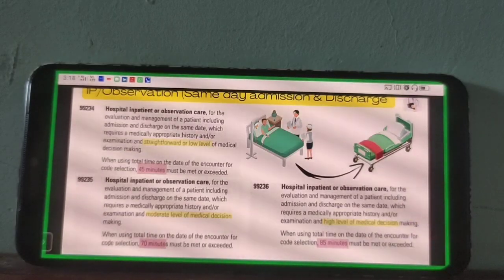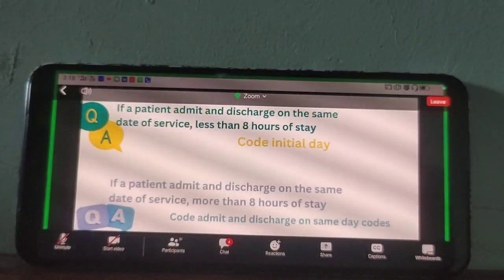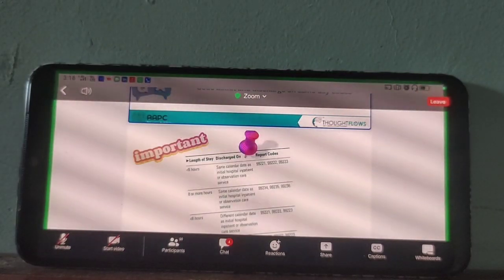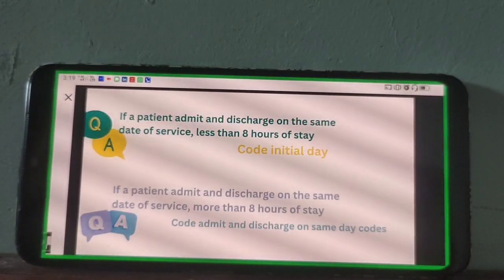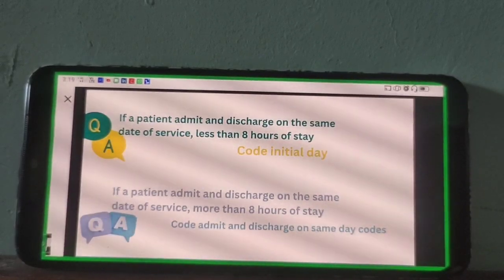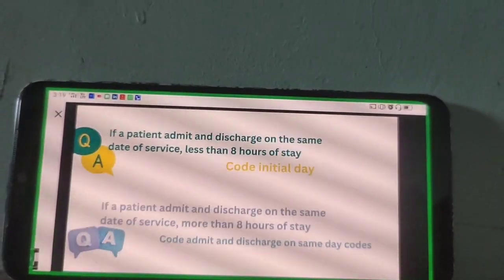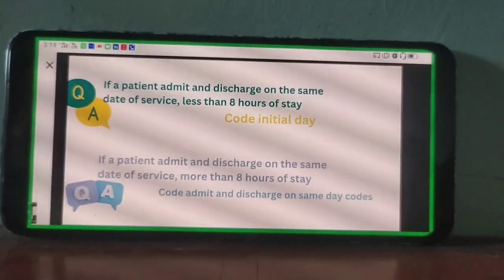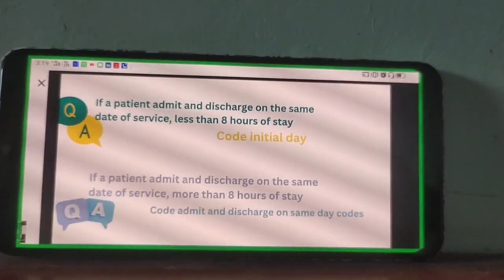So this is important to know. I just explained the concept. Patient admitted and discharged on the same day, but stays in the hospital less than 8 hours. Less than 8 hours means we should apply the initial day code.